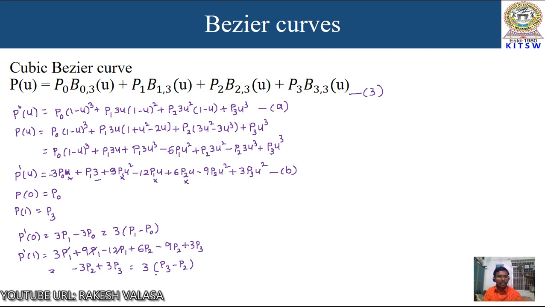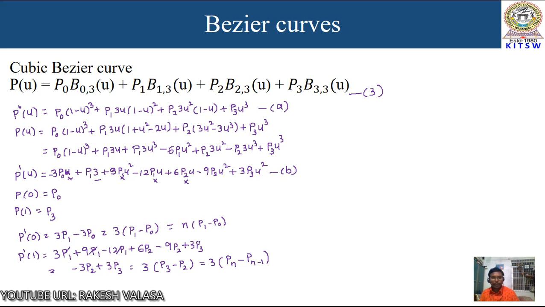Here one important condition is there: we can also write for nth term, n into (p1 minus p naught). From this equation we can write for nth term, that is 3 into (pn minus pn minus 1). Here I have solved for only cubic Bezier curve.